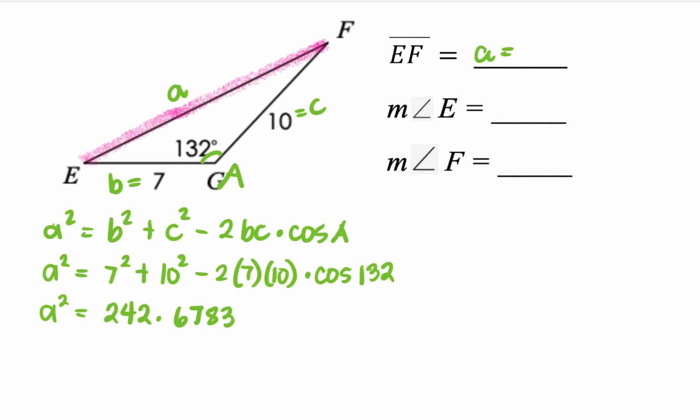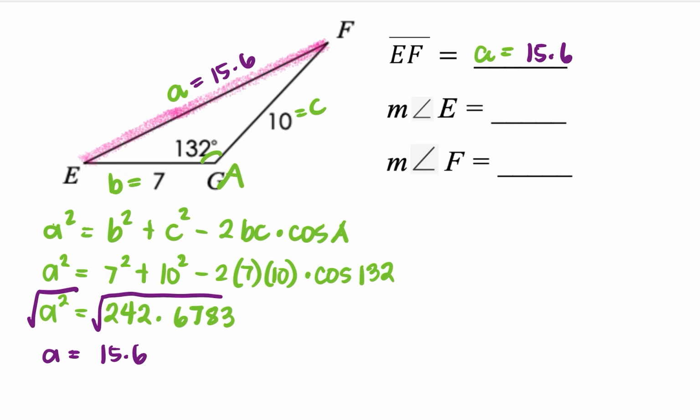We're trying to get a by itself, so we're going to take the square root on both sides. If we round our answer to the nearest tenth, then our answer would be 15.6. So a is 15.6, which is also the value of segment EF.